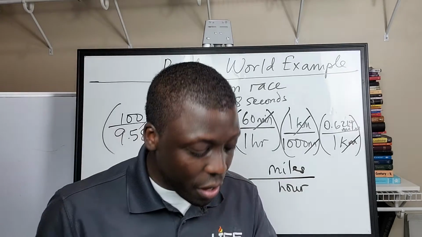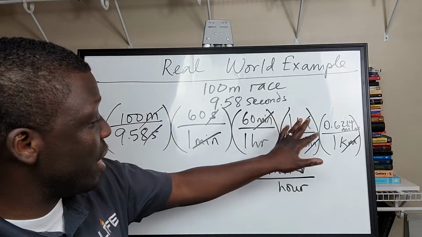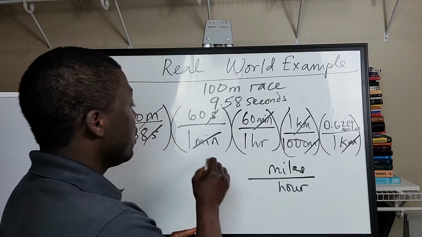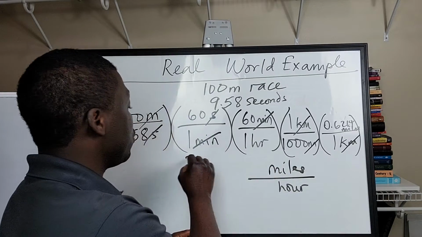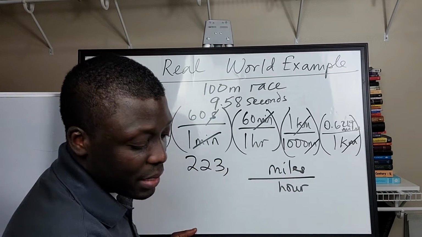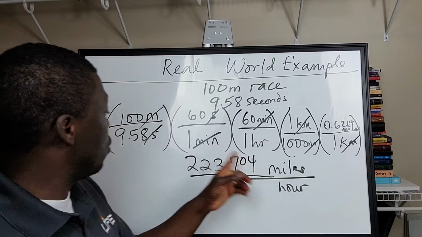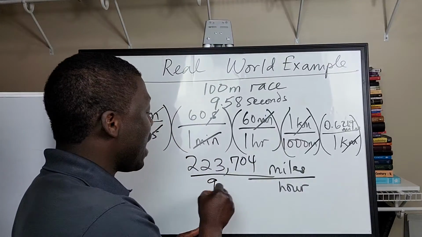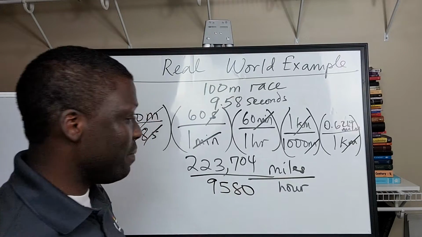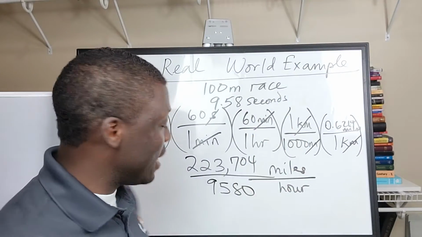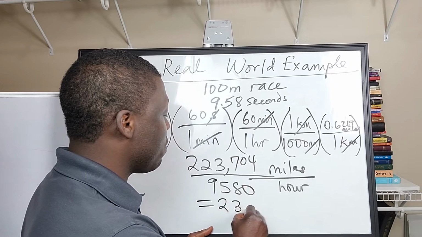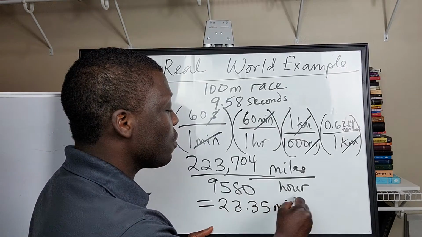So if you do all the multiplication in the numerator, you would have 223,704. And in the denominator, you would actually have 9580. Okay? So now we go ahead and simplify this, and the answer is 23.35 miles per hour.